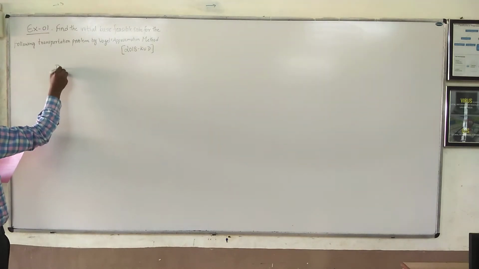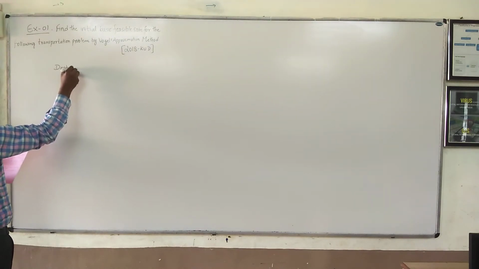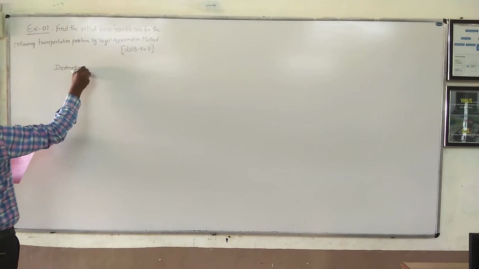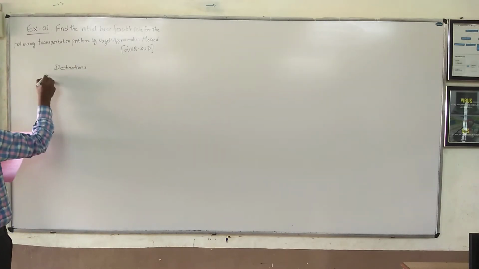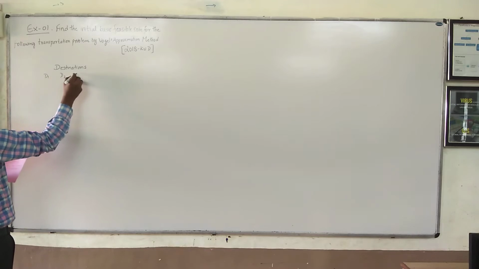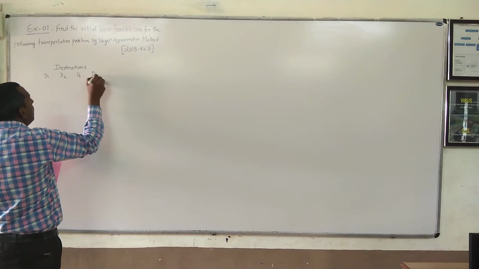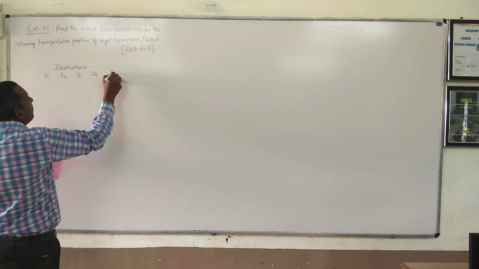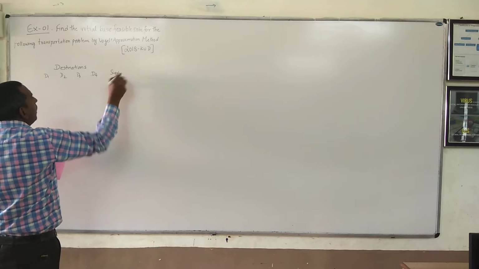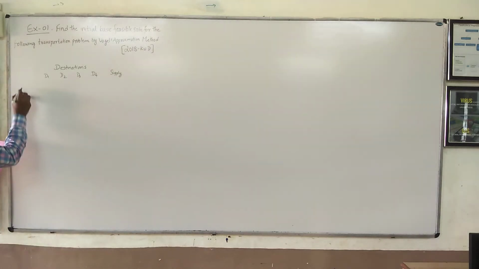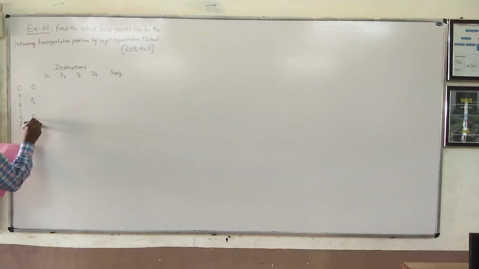So let me write destinations. Fine, the destinations are D1, D2, D3, followed by D4, and supply. Then these are the origins, that is O1, O2 and O3.